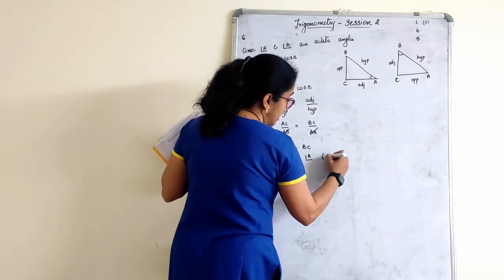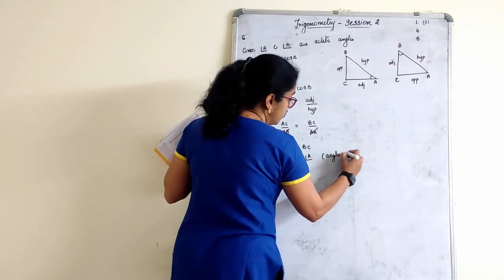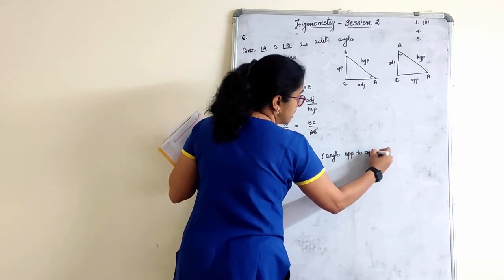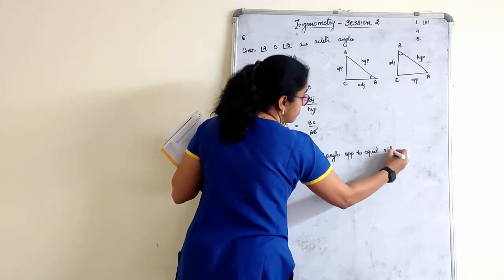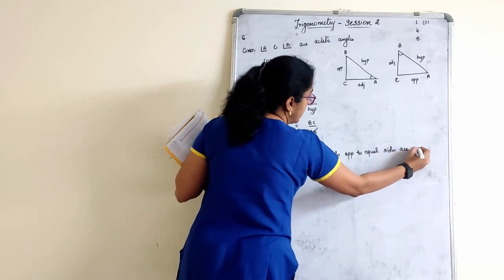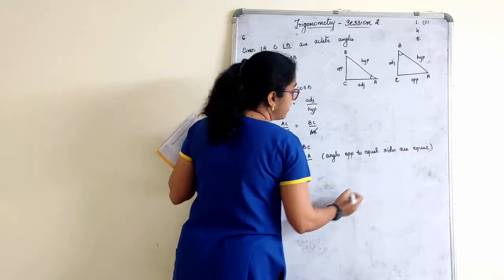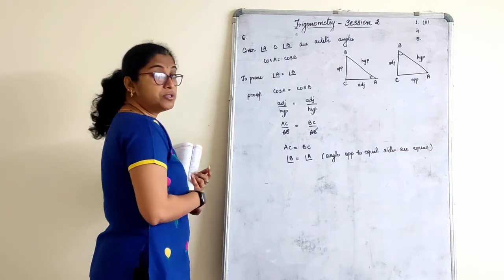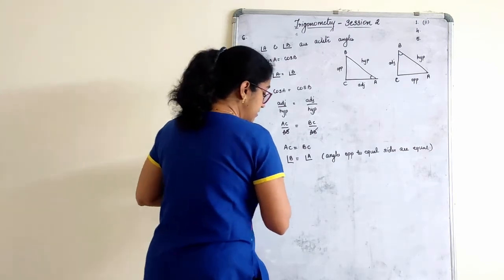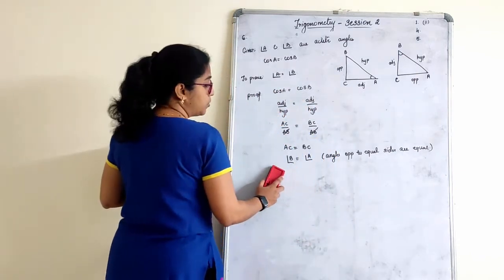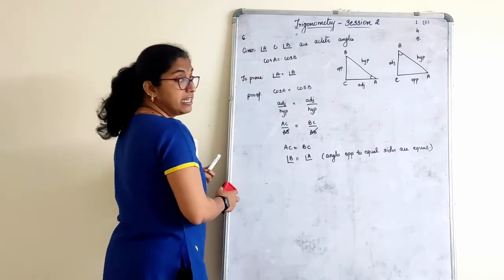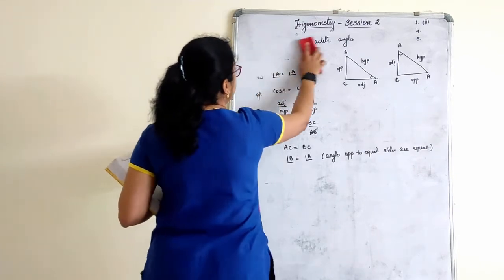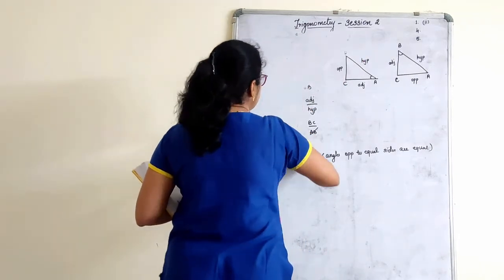Reason: angles opposite to equal sides are equal. In 9th, in the triangles chapter, you learned the theorem, the first one, proving that angles opposite to equal sides are equal by the SAS congruence rule. That is what we have done, and we got angle A is equal to angle B. A bit different from what we have solved till now, and a very simple one.